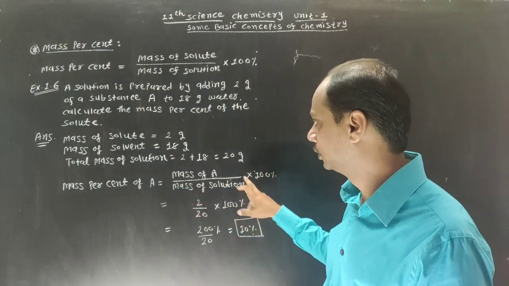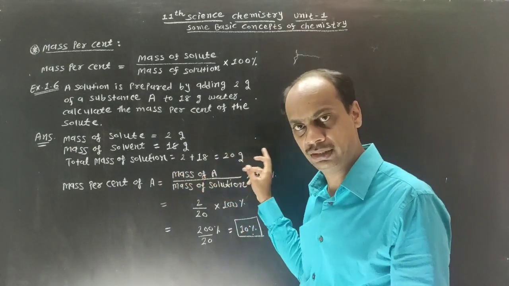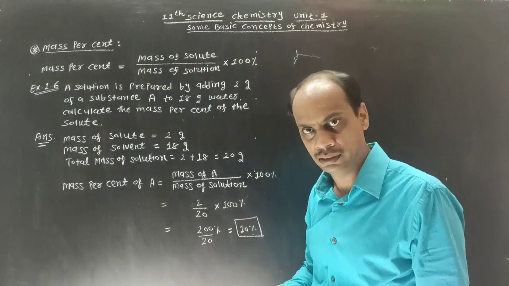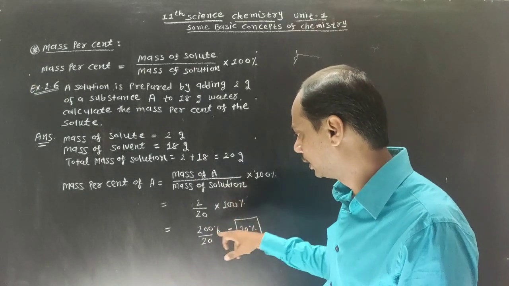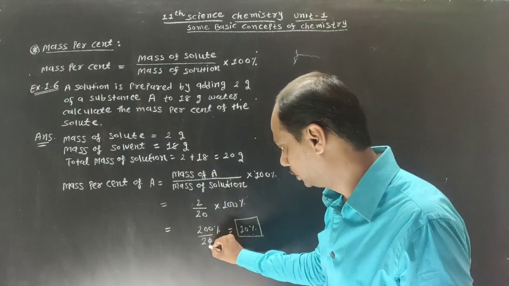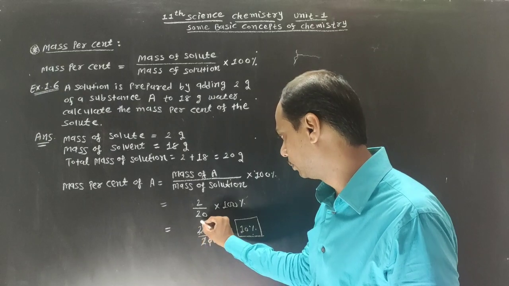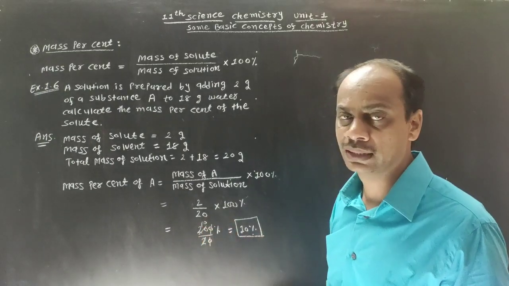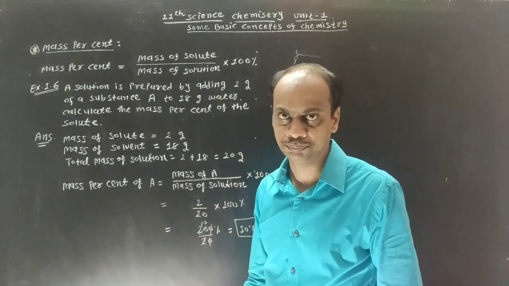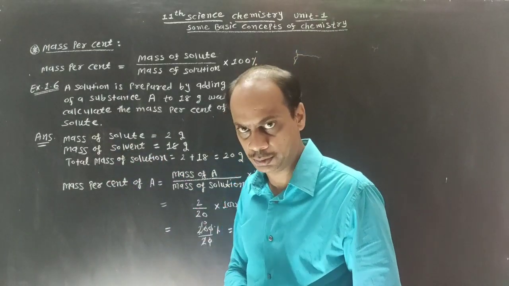Mass of solution is 2 plus 18, 20. So we put 20, multiplying by 100. 2 into 100, 200 over 20. Both zeros are going to cancel out. We can multiply here by 10. 2 tens are 20. So our answer is 10%. This way, you can obtain the mass percent.